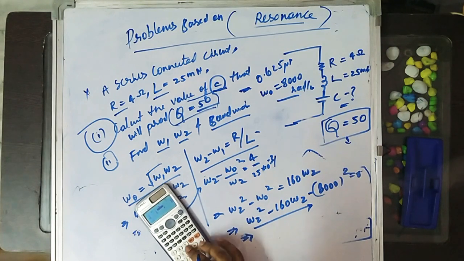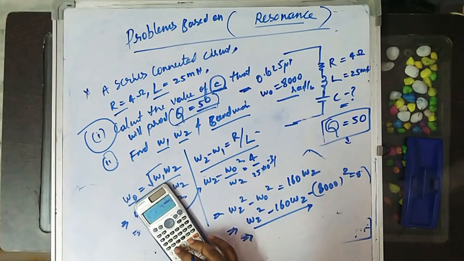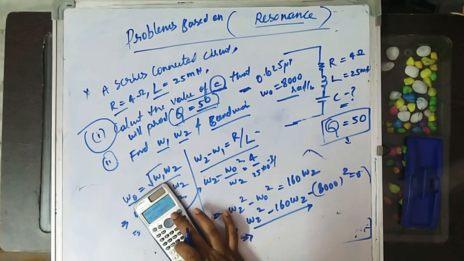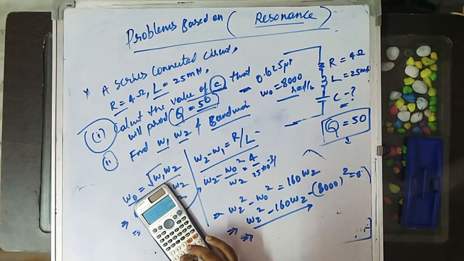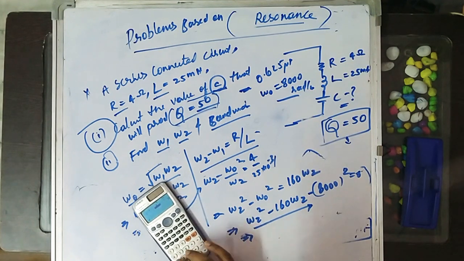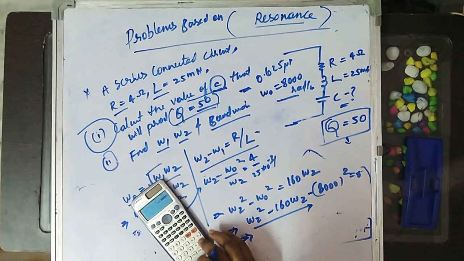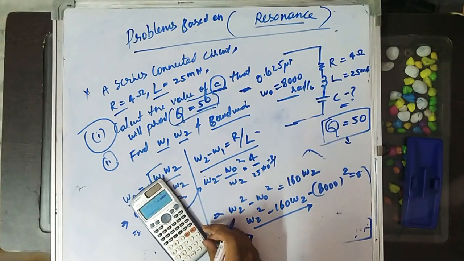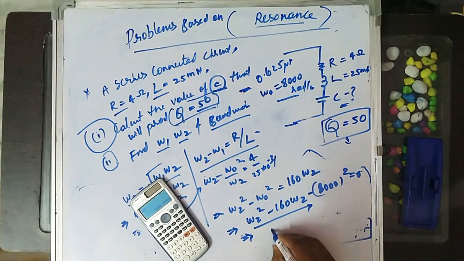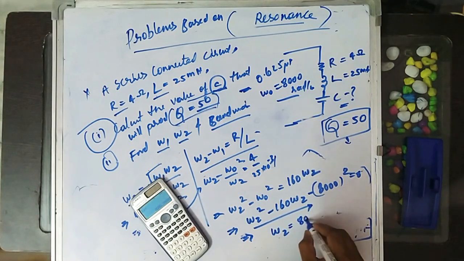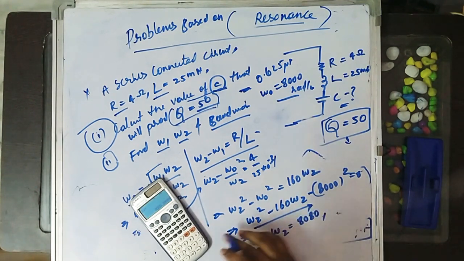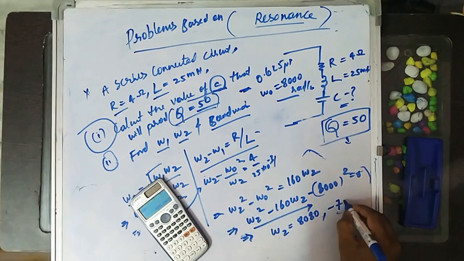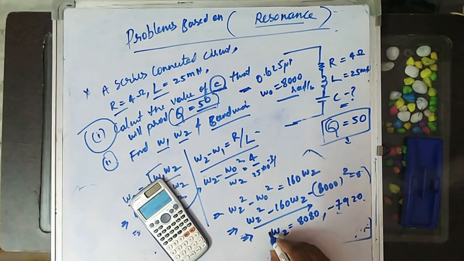You are getting omega 2 equal to 8080 and minus 80, two roots. So the second order equation is calculated and you are getting 2 roots.